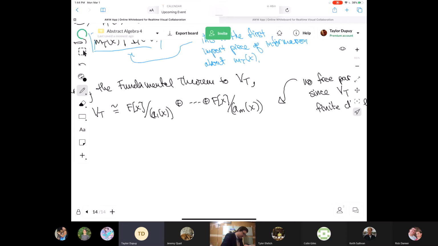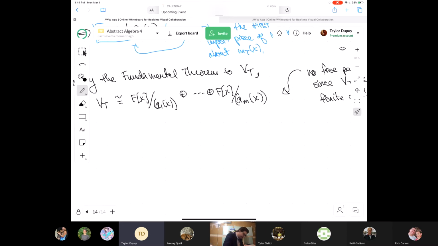One thing that you can see is that we know this module is going to be like this, so the degree of a_1(x) plus the degree of the next, and so on. The degree of this is the dimension of this part.